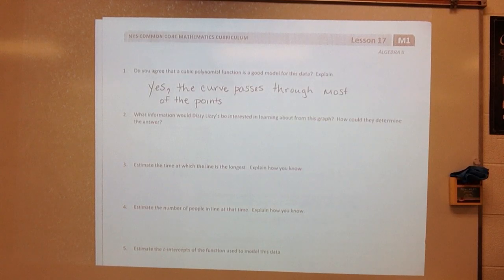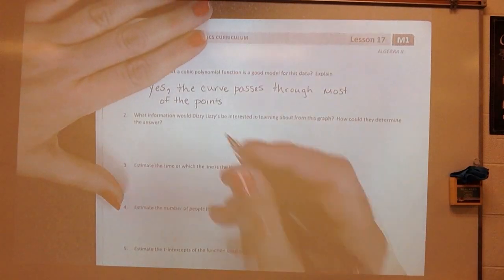What information would Dizzy Lizzie's be interested in learning about from this graph? Alright, how could they determine the answer? So what might they be interested in with this graph? So looking at it, think about an amusement park. The number of people waiting in line after so many hours of the amusement park opening. Why might this be important? Maybe they might be interested in the time when the line is the longest.